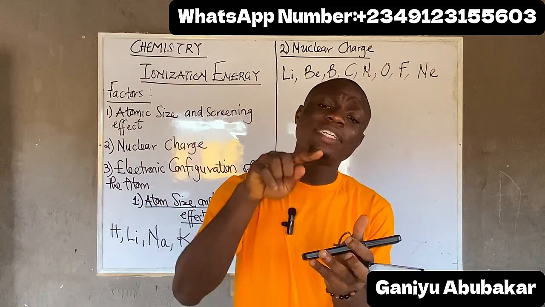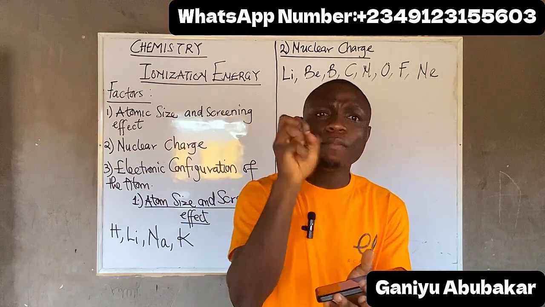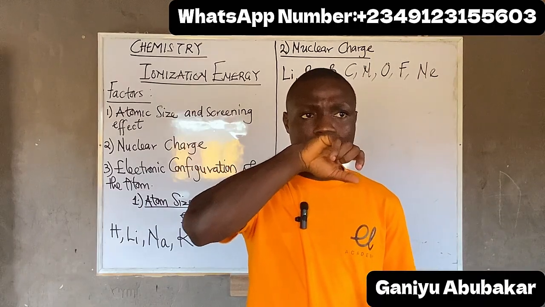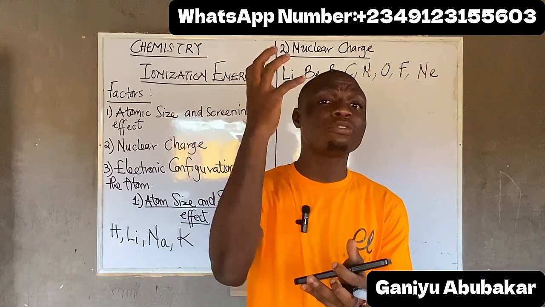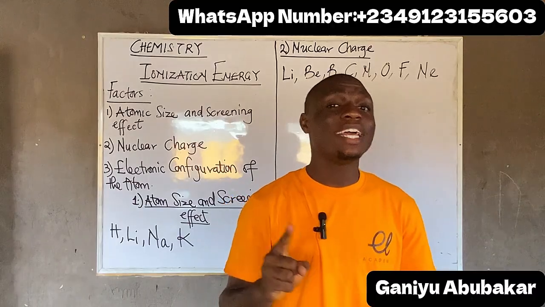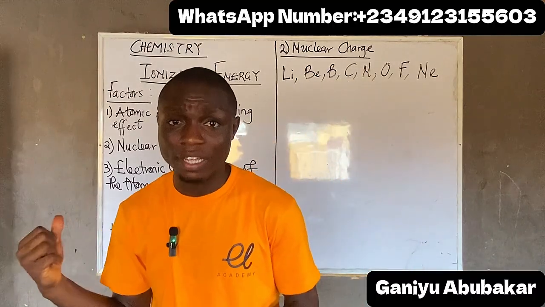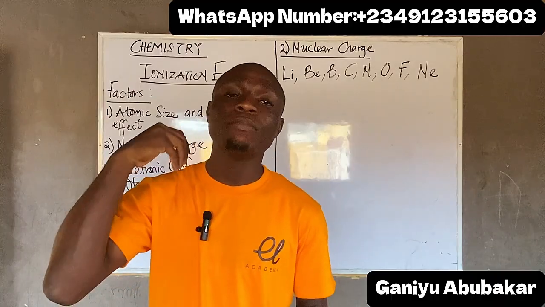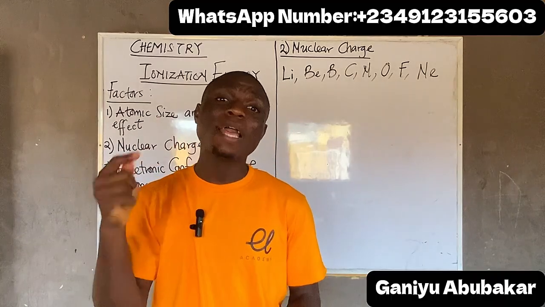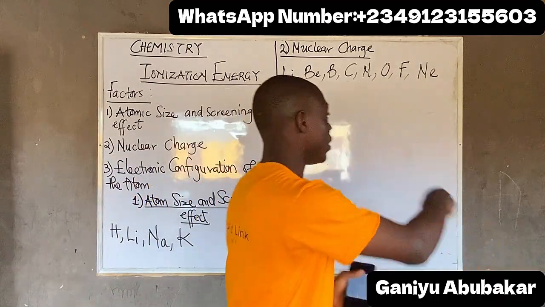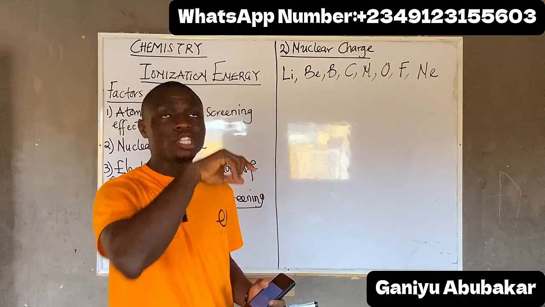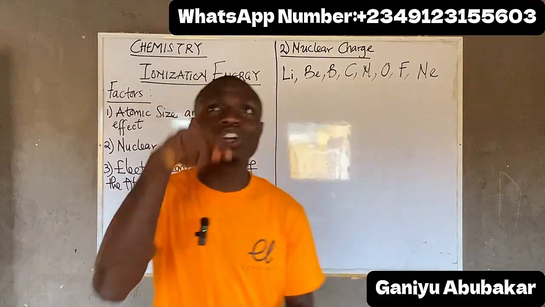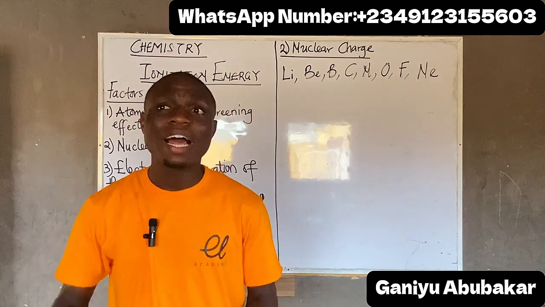So if you observe that the atomic shell are still closer to the nucleus, the attraction becomes stronger. In this case, it will not favor IE, because IE has to come with sufficient energy to be able to remove an electron from this element. So here's the technique: the further the electron from the nucleus, the easier IE can attack.